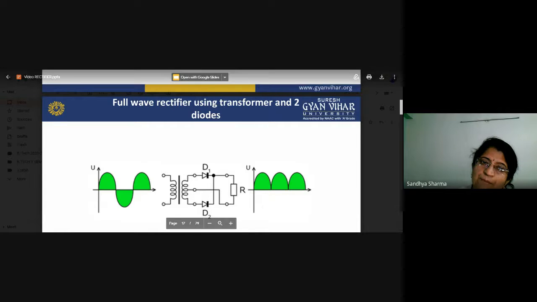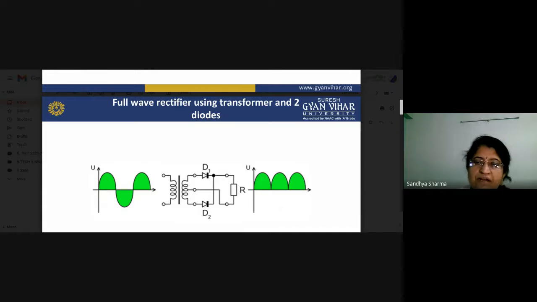Now what will happen in this type of full wave rectifier? Here is the complete cycle of the AC signal, and we give this AC signal to the input of the transformer. In the positive half cycle, the upper part is positive and the lower part is negative.